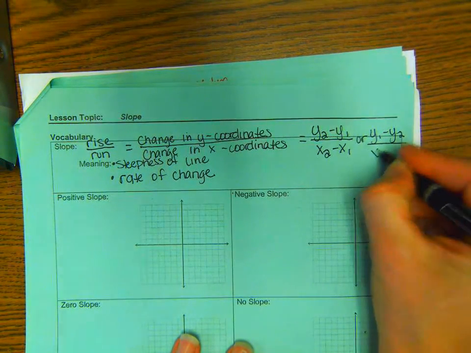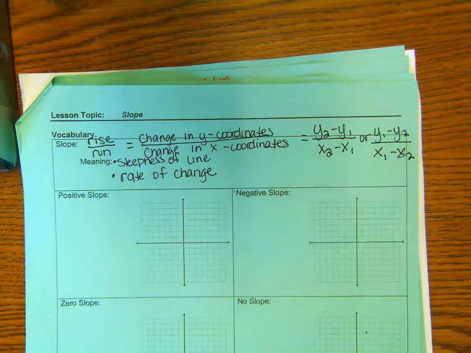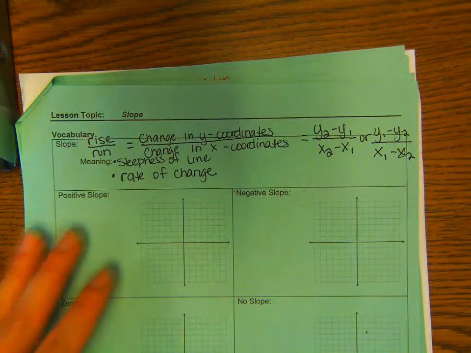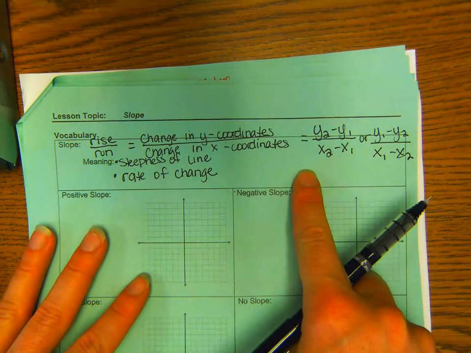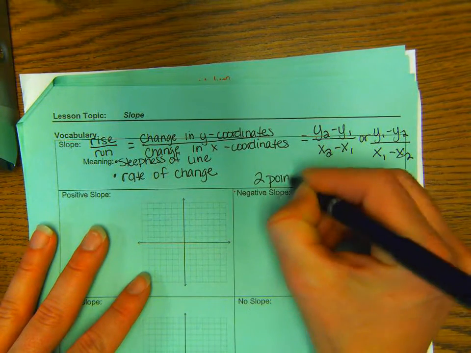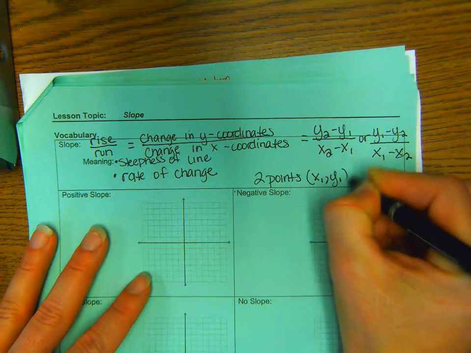Okay. And I'm going to assume that you know, but I'll write it down. That is if we have a line through 2 points, and our 2 points would be, we'll call them x1, y1, because ordered pairs come x, y, and x2, y2.